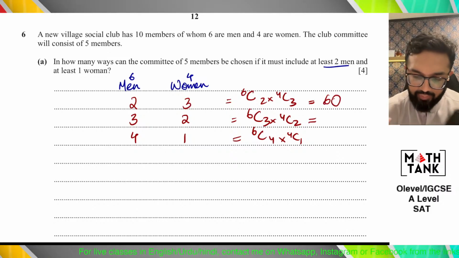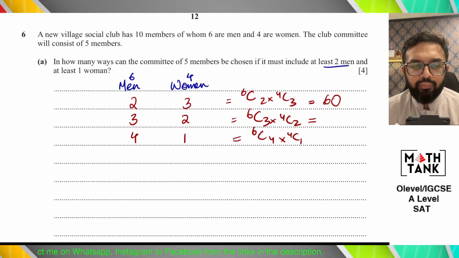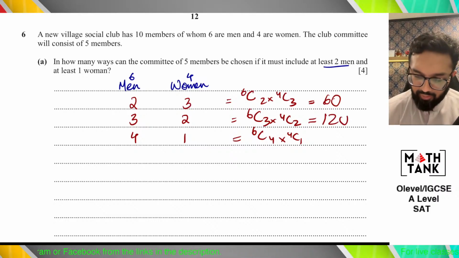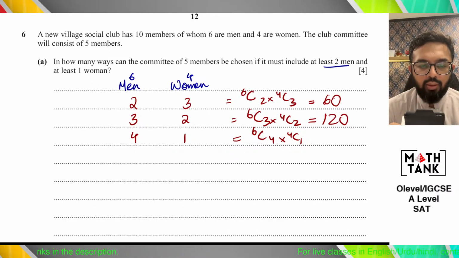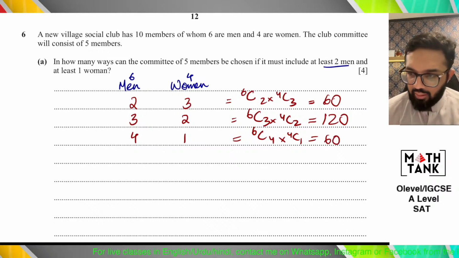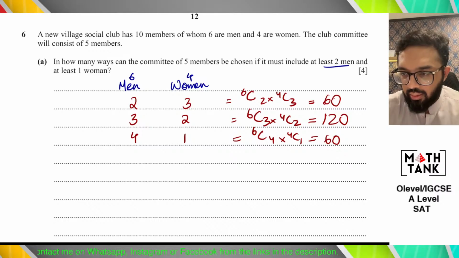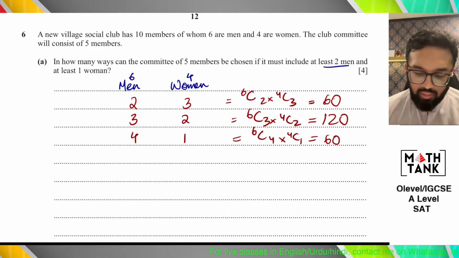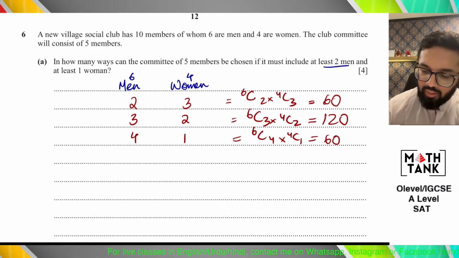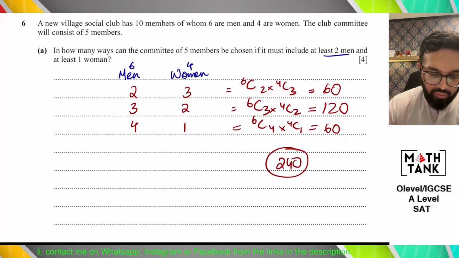That's 60, 120, okay. Okay, that's going to be 240. Let's check if that is correct. February, March 24 and 52.